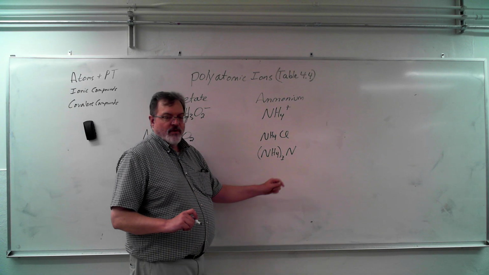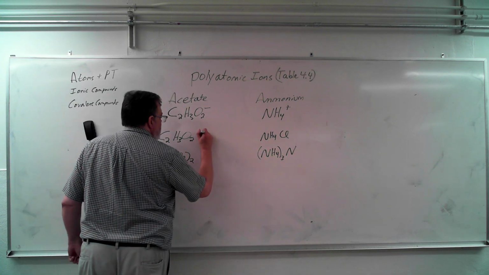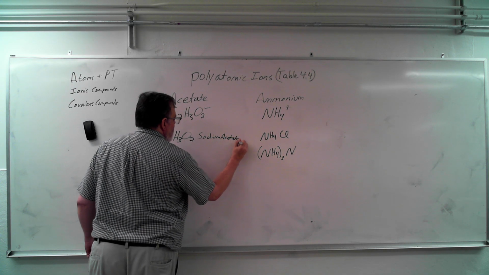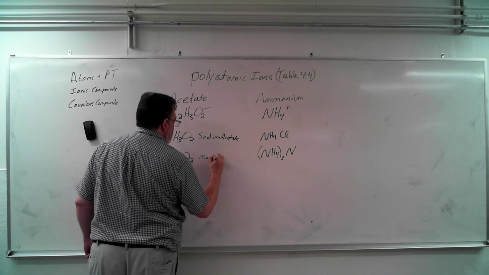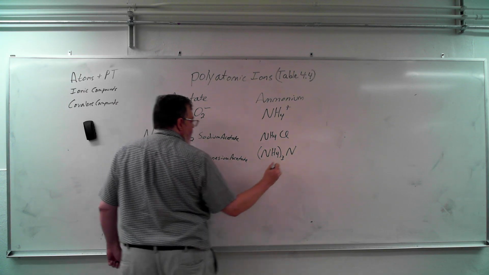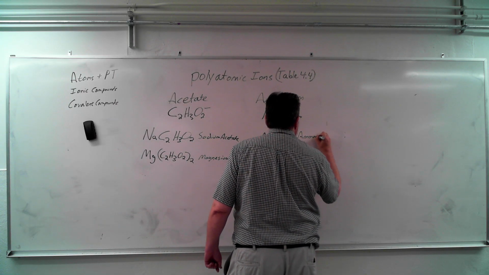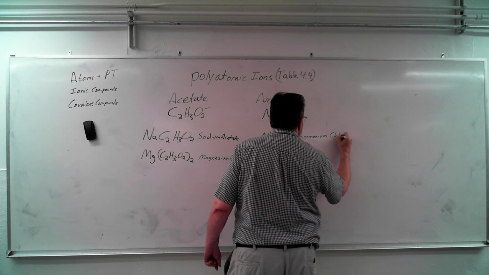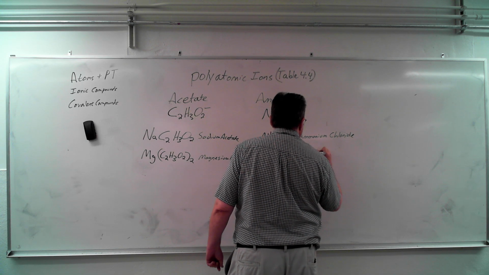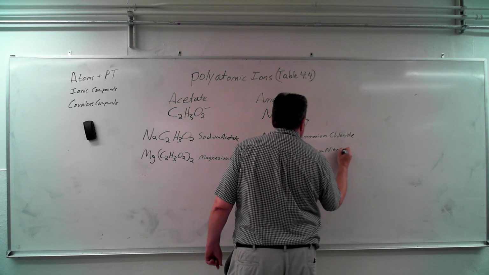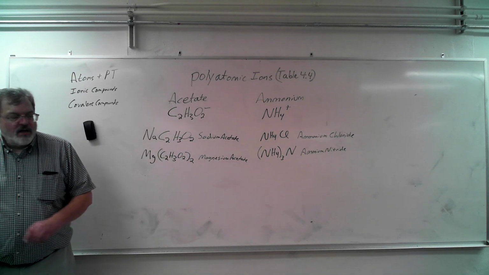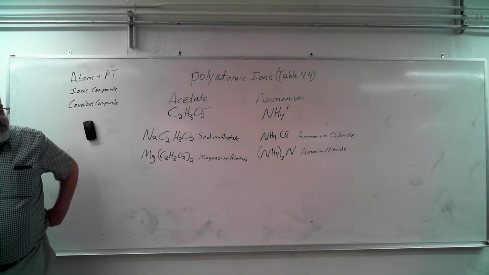So you put parentheses and put a 3 there. And I'll remind you, there's no di, tri, tetra, penta involved in any of this ionic stuff. So you can name them.